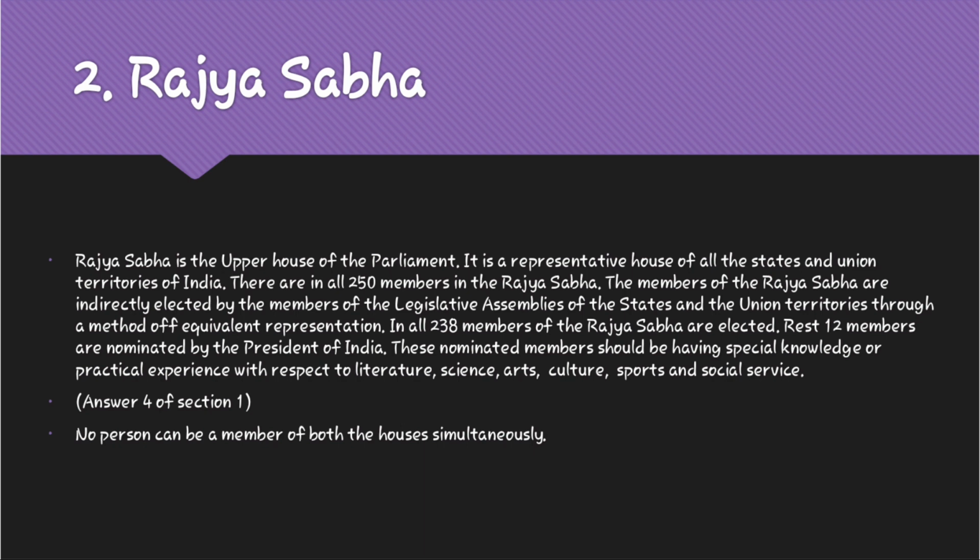So these 12 nominated members should have special knowledge or practical experience with respect to literature, science, arts, culture, sports and social service. For example, you have heard about Sachin Tendulkar, the cricketer.